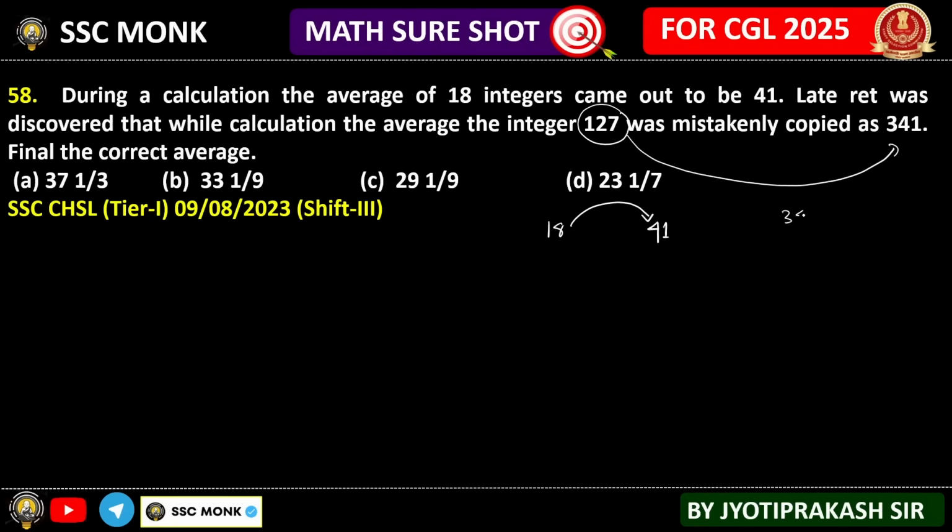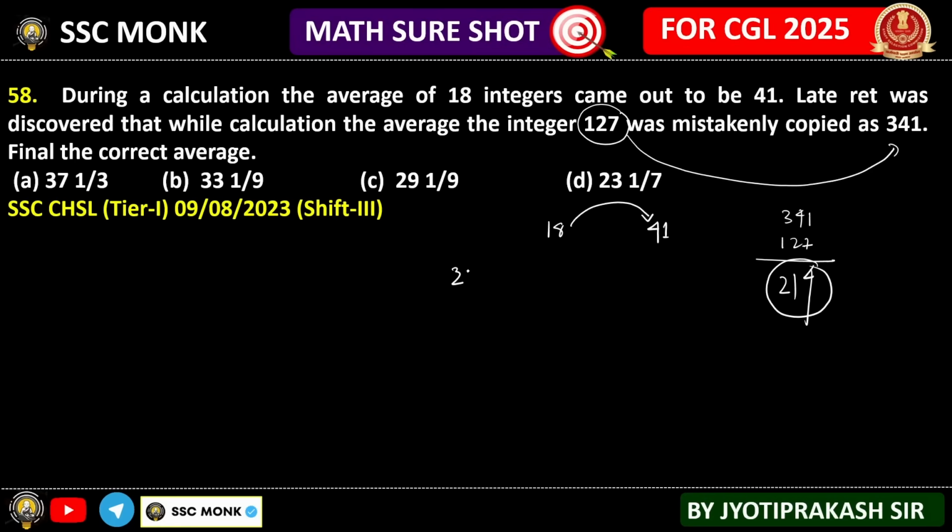That means what is the difference? 341 minus 127, that is equal to 214. So 214 should be dropped, and it should be dropped across all the 18 integers.